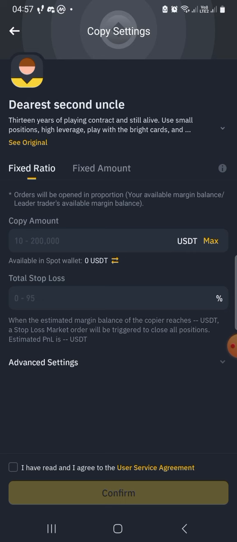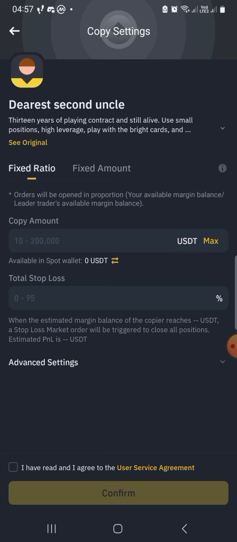It's also going to use 20% of your available trading amount. That's how it's going to be. It says that orders will be opened in proportion, so the ratio of your available margin balance to the lead trader's available margin balance. So here you can put a stop loss, and then you're good to go.